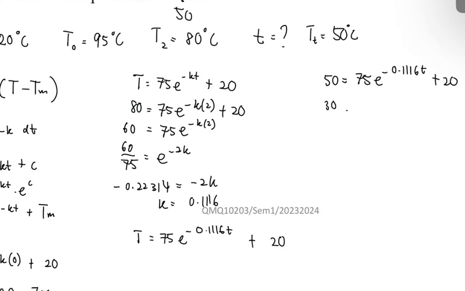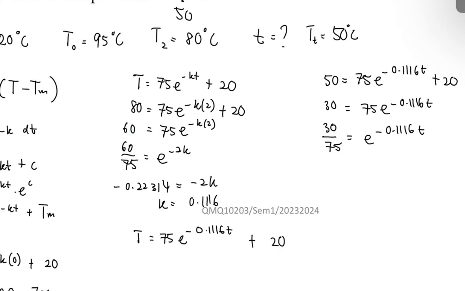So 30 equals 75 exponent minus 0.1116t. Take 30 over 75, which is 0.4, equal to exponent minus 0.1116t.